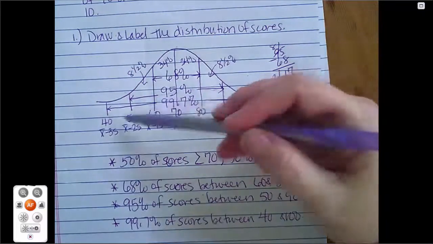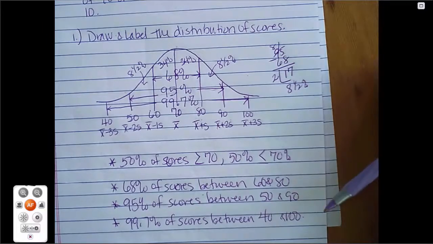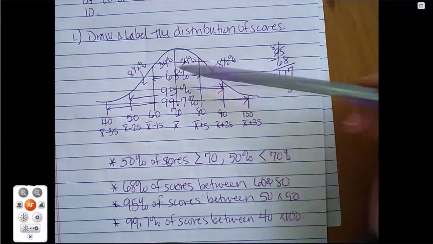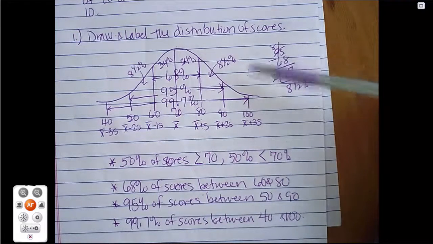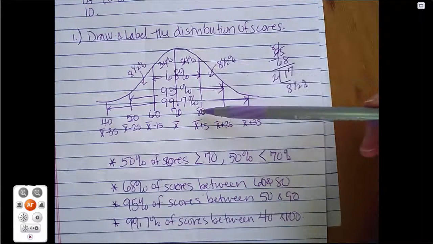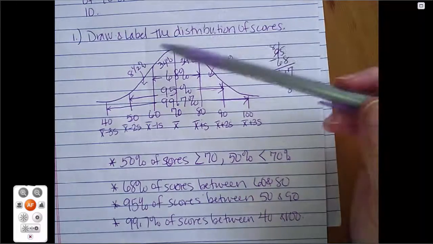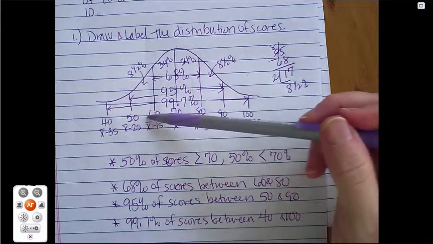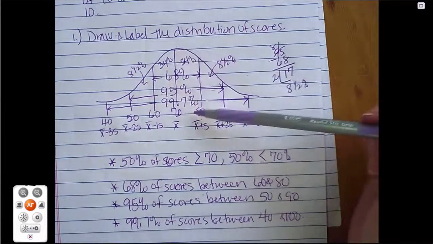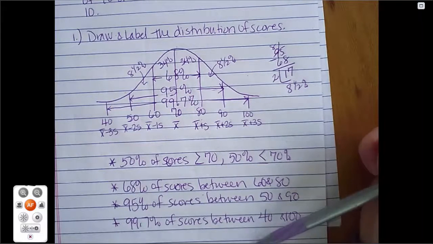And you can do the same for these little pieces out there. We don't have to do it right now, but you do need to understand all those pieces. So now you can say things like 8.5% of people score between 80 and 90 on this test, or 8.5% of people score between 50 and 60, 34% score between 70 and 80, and so on.